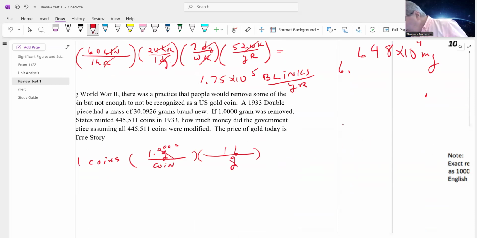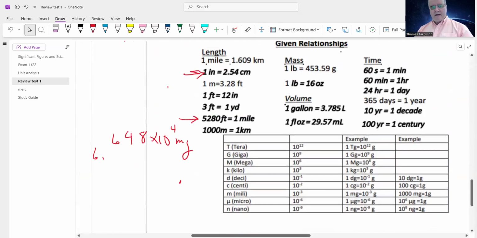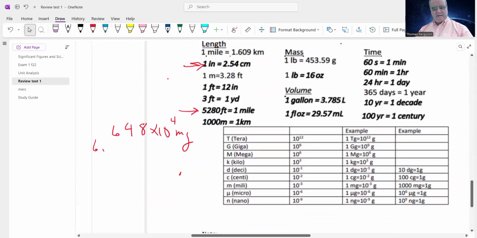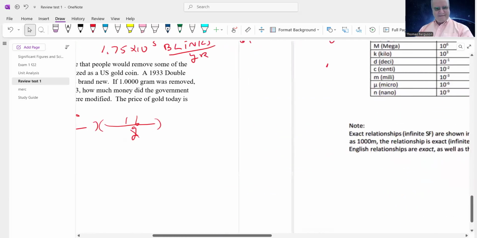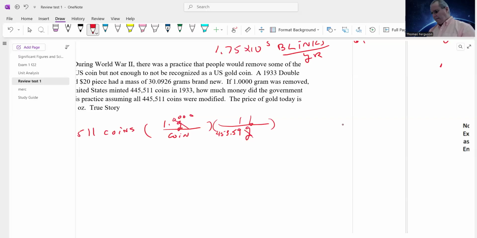What's the number? 453.59. And now we have pounds. 16 ounces per pound. And then the dollar is 3,700 per ounce.